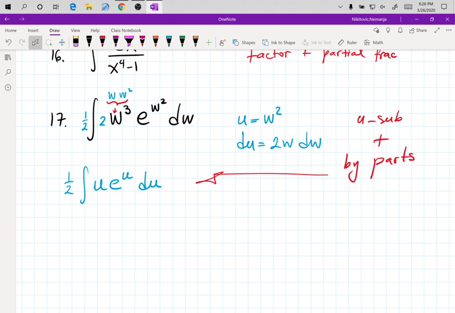Let's see. There is a standard problem. x minus 5 to the 10 dx. That's a back substitution.